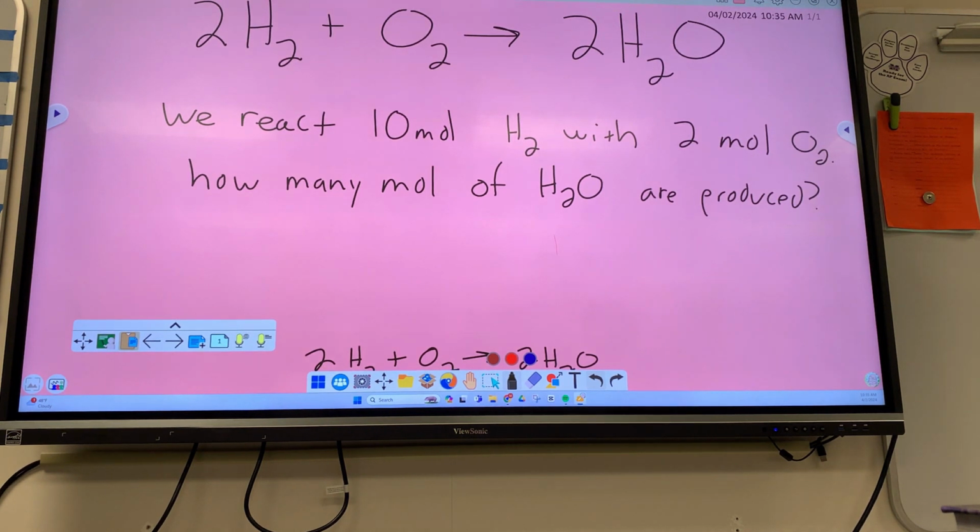Now, some of you might be able to figure this out intuitively. Some of you may need to do a T-chart. Some of you may need to do 2 T-charts. But how much, in moles, how much water can we produce given 10 moles of H2 and 2 moles of O2?